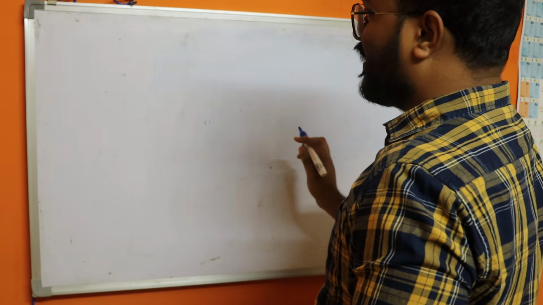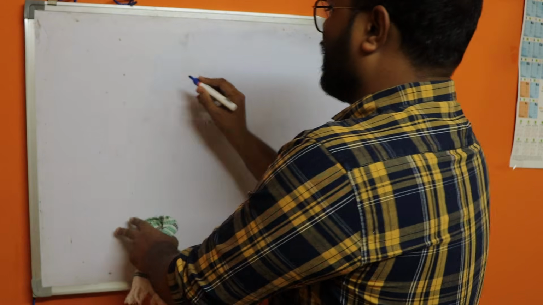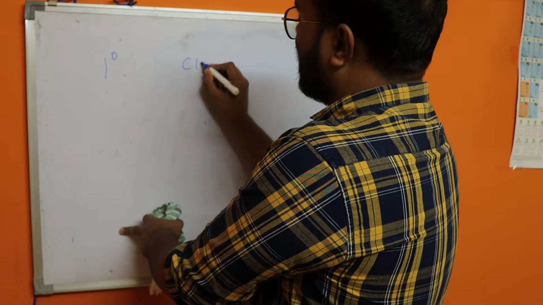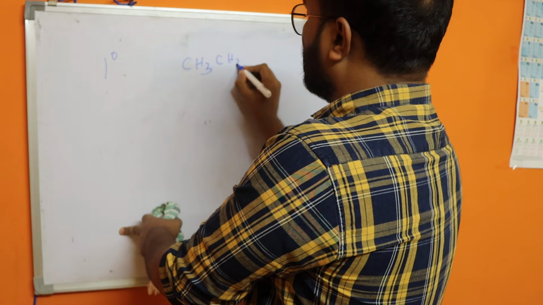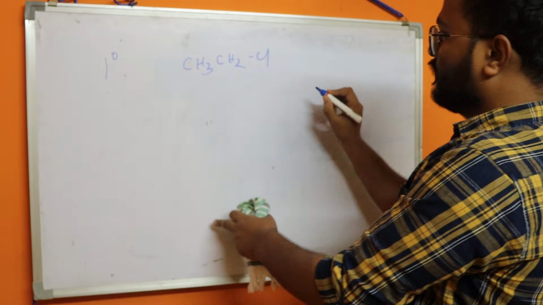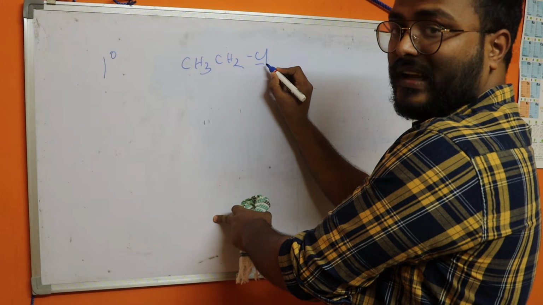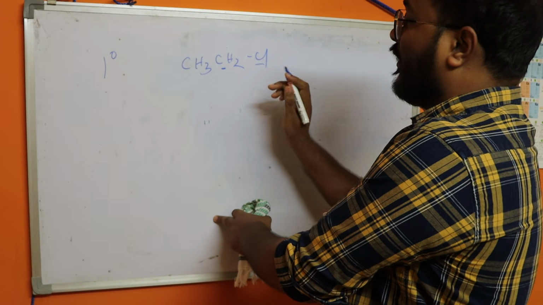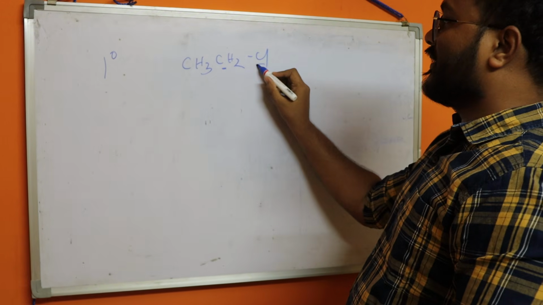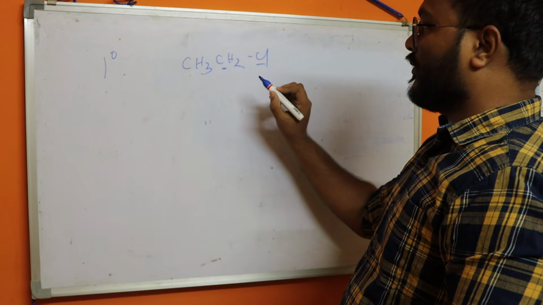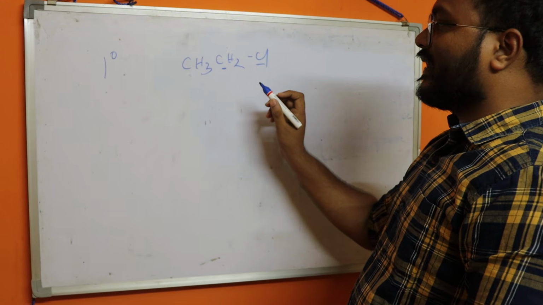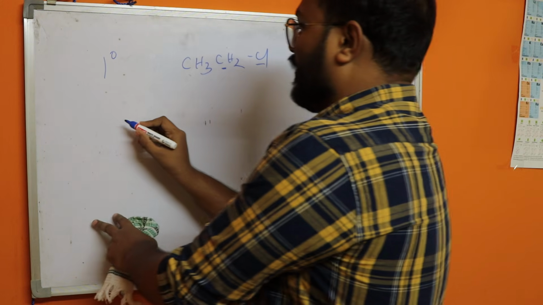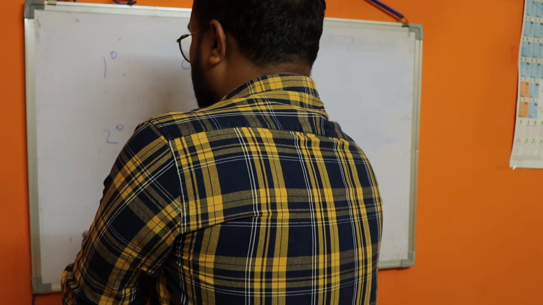First is primary, secondary, and tertiary. Let's say one example: CH3CH2Cl. This is our guest halogen, and this is the host carbon atom. Now how will we understand whether this one is primary, that is 1 degree, or 2 degree, or 3 degree?